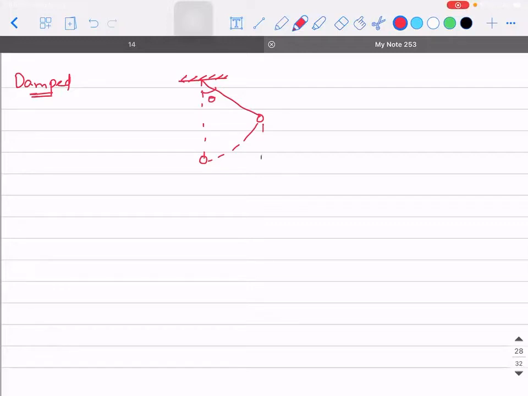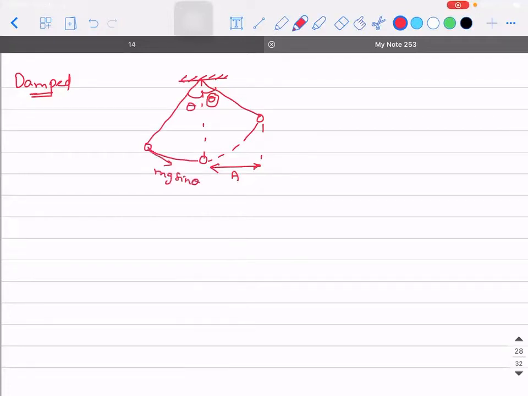Let me call this angle theta the angular amplitude, the maximum angular displacement possible. Once I release it, the pendulum will go to the other side up to the same angle theta, because mg sin theta acts in this direction.